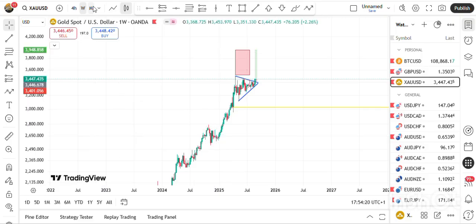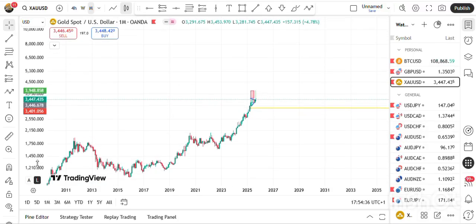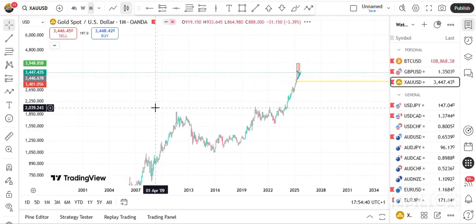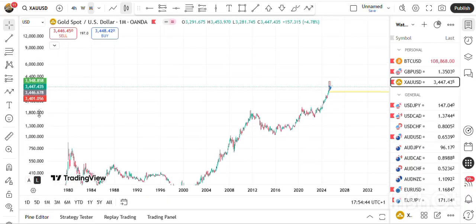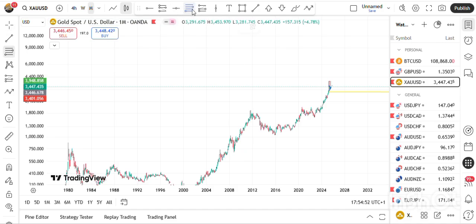Let me see if we have something on the monthly. Monthly is even more. Monthly, I think we already passed. Let's see. Monthly is already gone. It didn't respect the fib level, so we can't use it.